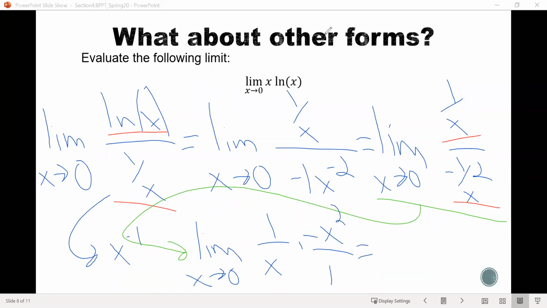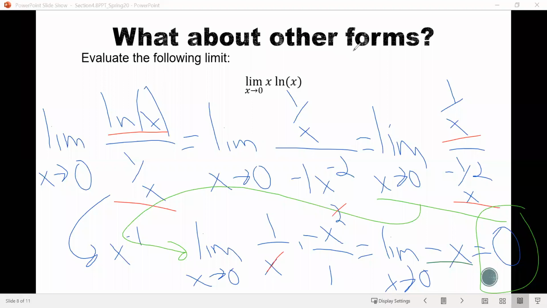Here we can reduce some x's, so cancel out an x here with the 1 up here. We end up with the limit as x approaches 0 of negative x, which now 0 is in the domain of this function, so we can just plug in 0 and we get 0 as our answer. Okay, so again there we used L'Hopital and some algebraic manipulation.